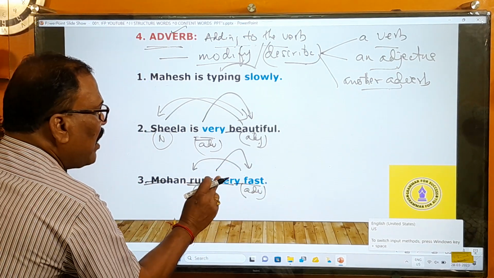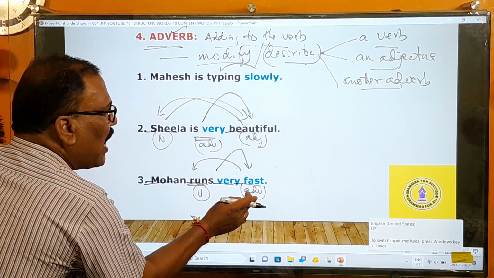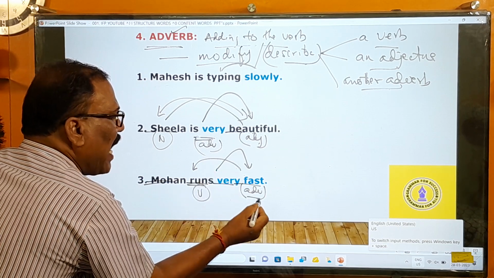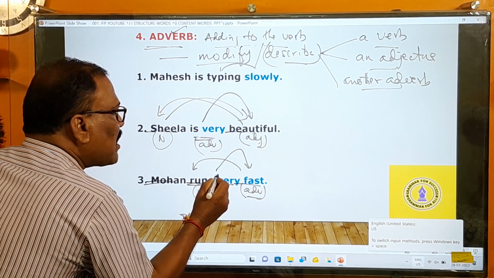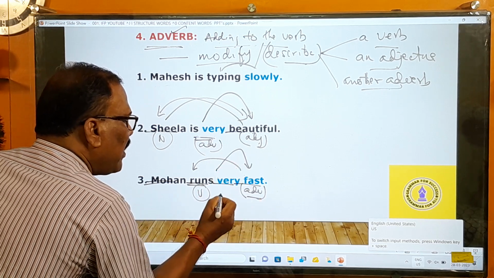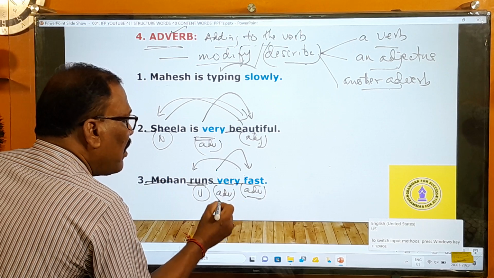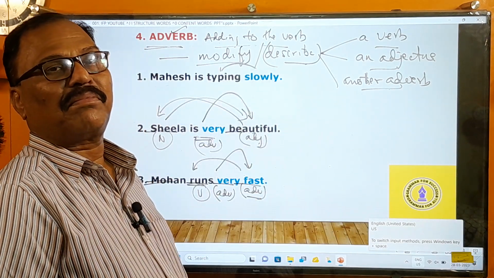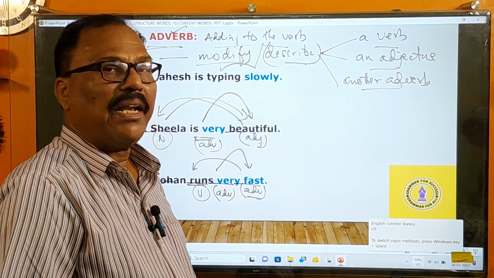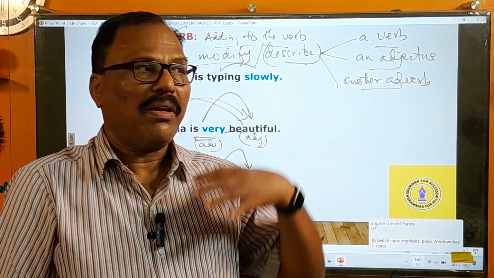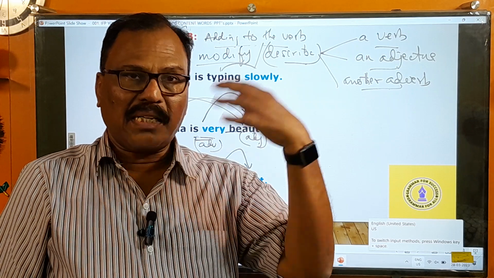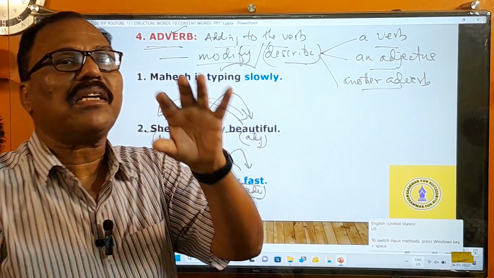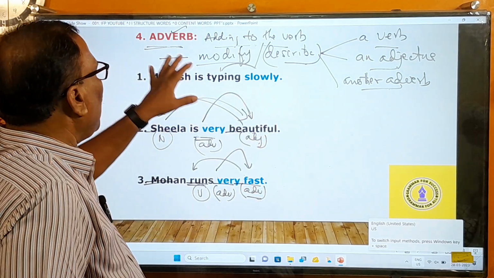And what is this very doing? It is again describing this adverb. Since fast is describing the verb, it is an adverb, and very describing this adverb is again called an adverb. An adverb can describe another adverb. That means an adverb can describe a verb, an adjective, or another adverb. That is the concept briefly about adverbs.